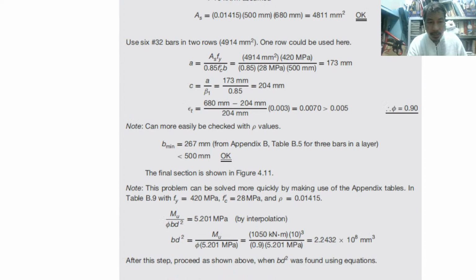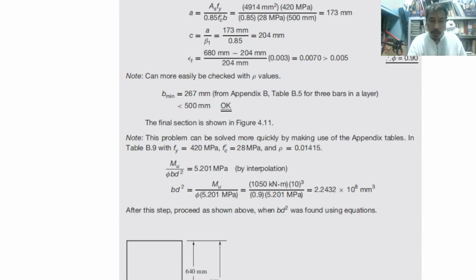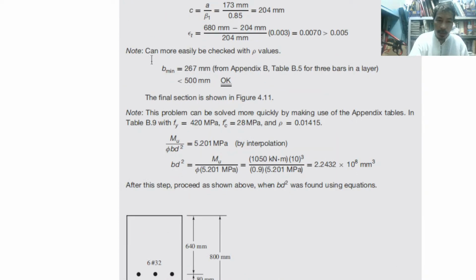So, following that, we can find out the minimum value of width using the table or using your estimate computation. So, that is 267. So, that is less than our actual width, which is 500. So, therefore, that is okay.